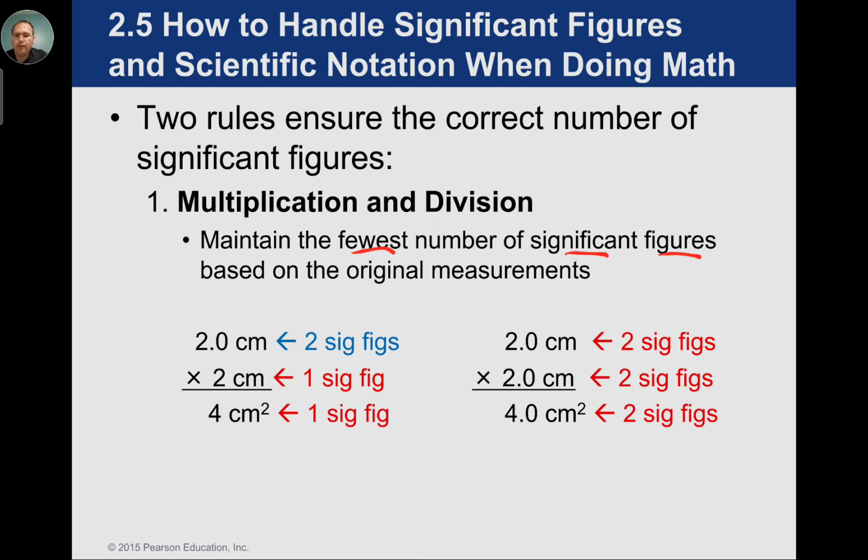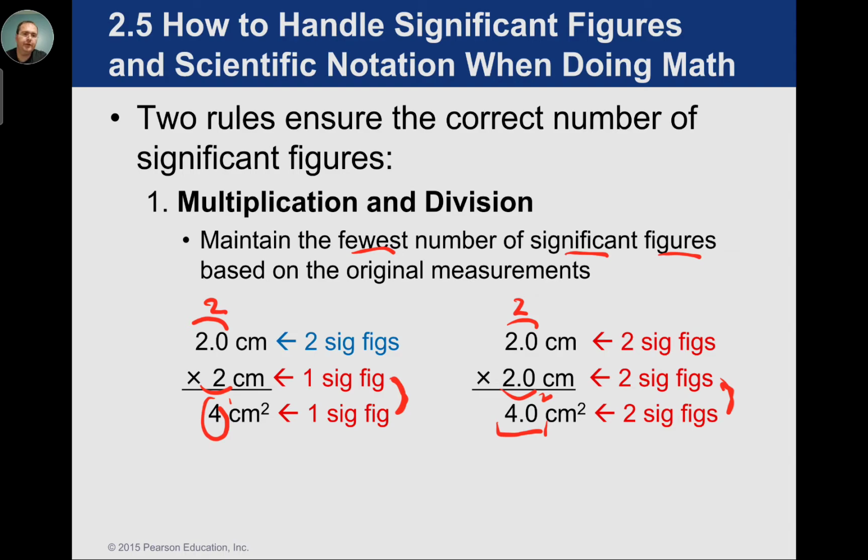So if we have 2 significant figures and we're dividing by 1, notice we keep 1. If we take a number with 2 significant figures and we divide it by, or multiply it either way by 2 significant figures, notice we keep 2 significant figures. So we always go with what's fewest.